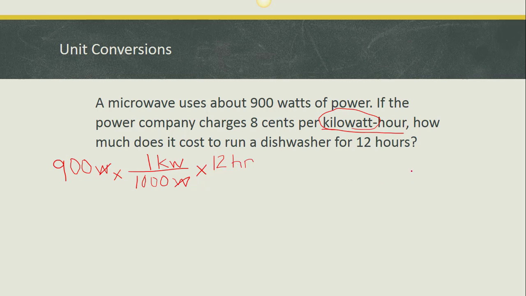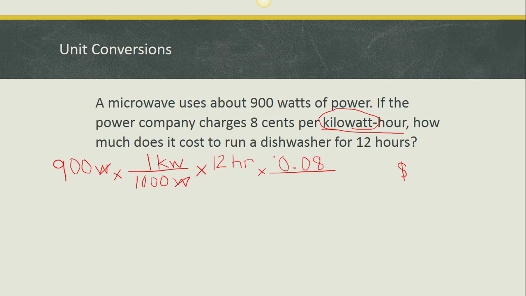Finally, what do I want? I just want money. I just want, in the end, how many dollars and cents it is. So I need to somehow cancel out that kilowatt hour. Well, I know that they charge 8 cents. So I'm going to go ahead and write that as a decimal. 0.08.